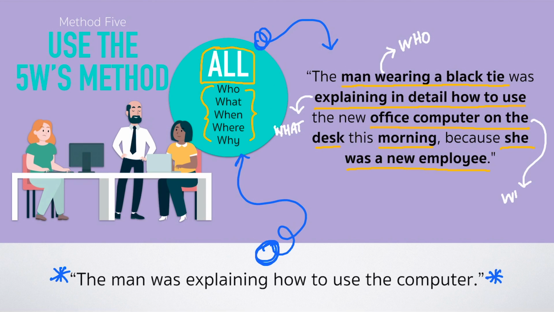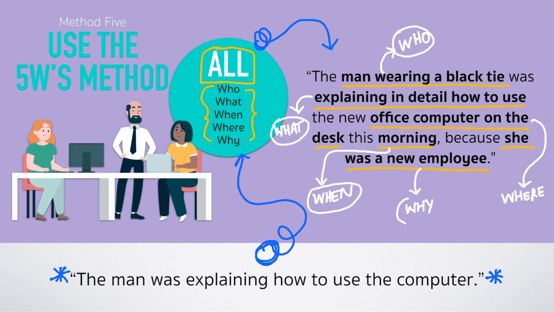We know it's in the office. Morning, we have when. And finally, we have why. She was a new employee. So again, now that we have all of the 5 W's, we have a longer English sentence. Our initial short sentence has now become a very long English sentence.